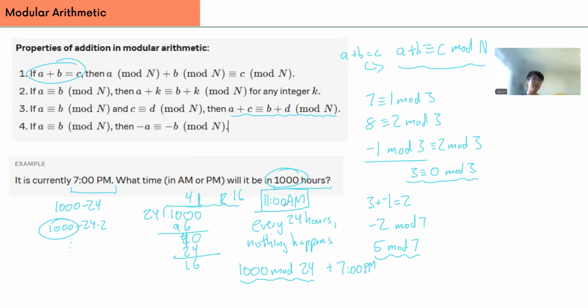What we can do further with this is put 7 o'clock p.m. on a 24-hour scale, because that's probably easier to think about than a.m. and p.m. So 7 p.m. is basically 19 o'clock.